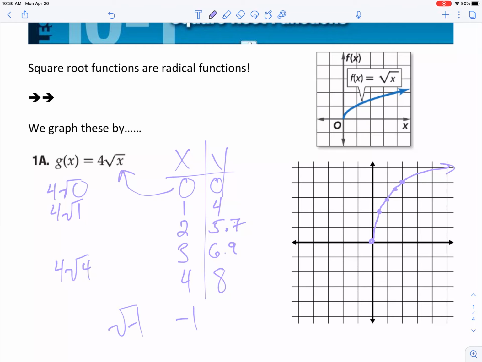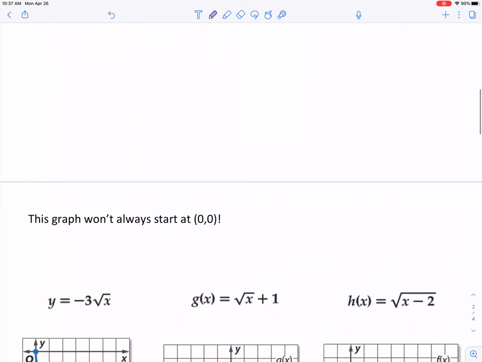And if you do that, it's not the same number multiplying, right? 4 and -4 are not the same thing. So that's why negatives under the radical sign won't work. And your graph will always point to the right unless there is some sort of negative sign that switches the graph. Now, the graph won't always start at 0, 0.